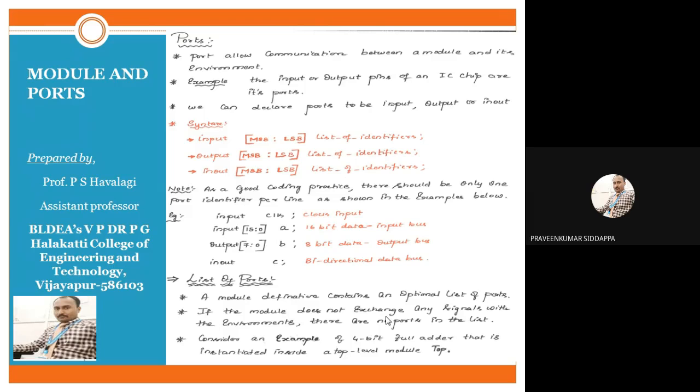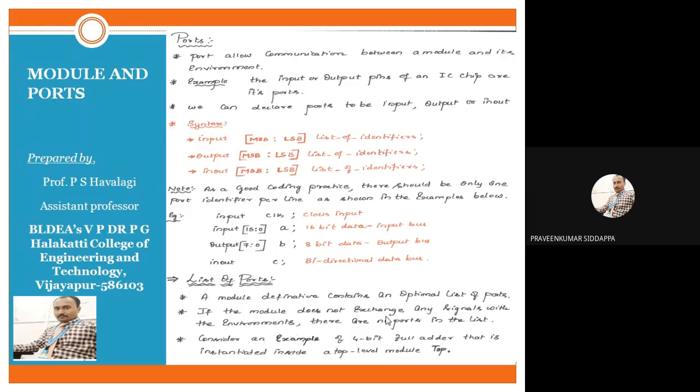Okay, so there are three ports available in Verilog. One is input port, output port, and another one is inout. Sometimes a variable acts like input as well as output, so because of that reason we call it inout. Those three are keywords.